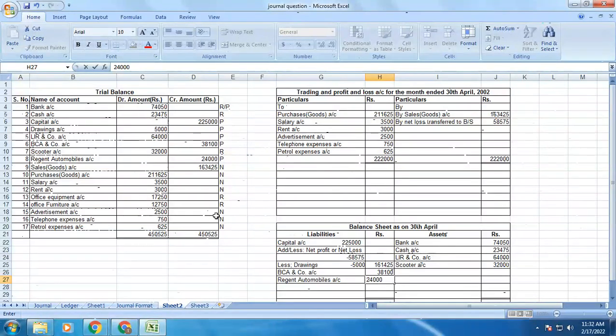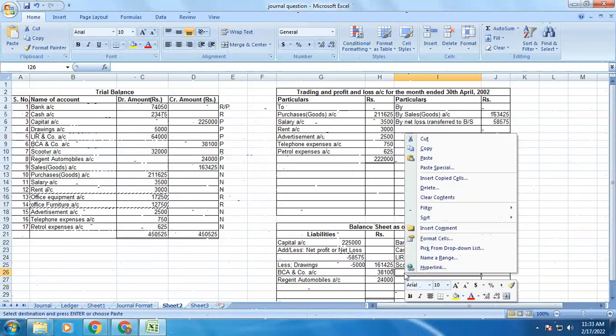So after Regent Automobiles on your trial balance, we have sales and purchases, which we've already taken. Then we have salary and rent, which we've already considered, they being nominal. Then we are left with office equipment and office furniture. So we copy them. They are debit balances, so we will write them on the asset side.